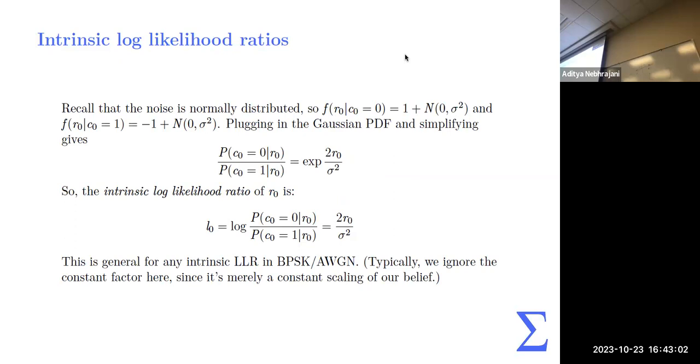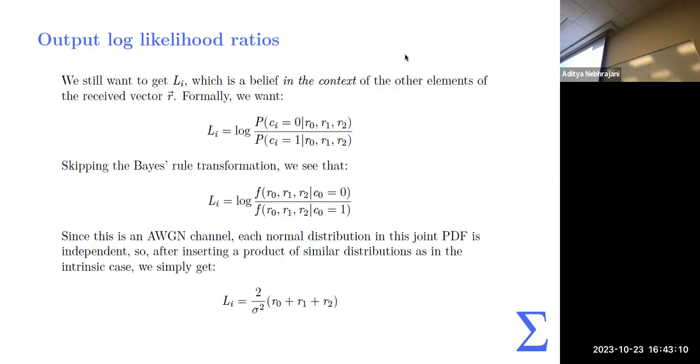So yeah, you can often ignore the constant factor since it's just a scale. This is much more interesting, which is: what is the belief in the context of the other elements in that, right? And this extrinsic log likelihood ratio varies depending on the kind of code that you use.